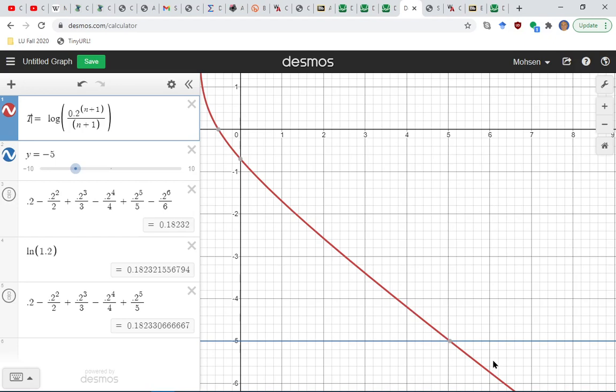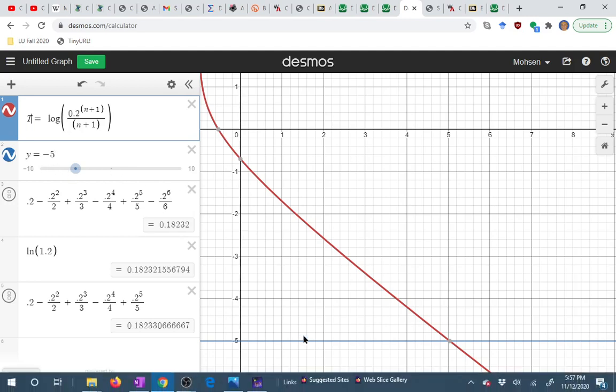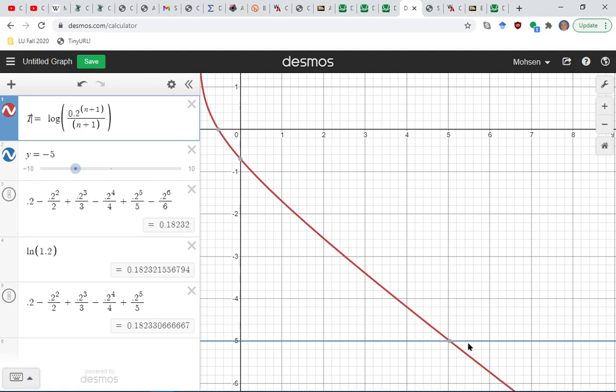The logarithm of that expression in terms of n. This is a whole number n here. It can be 0, 1, 2, 3, 4, 5, but the calculator graphs it for all values of n. We want this to be less than -5. Less than -5 means below -5. So when you say y equal to -5, here you see this blue line. That's where -5 is.